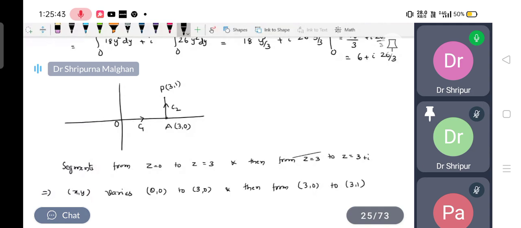Therefore, the integration over c of z square dz is equal to the integration over c1 of z square dz plus the integration over c2 of z square dz.